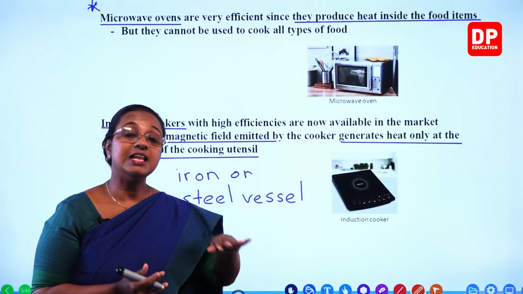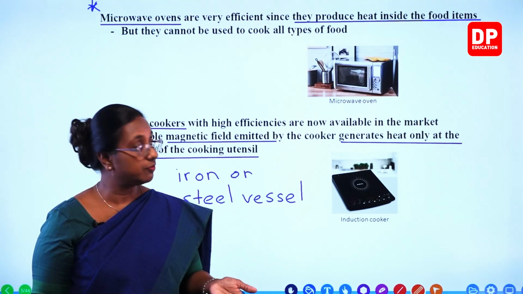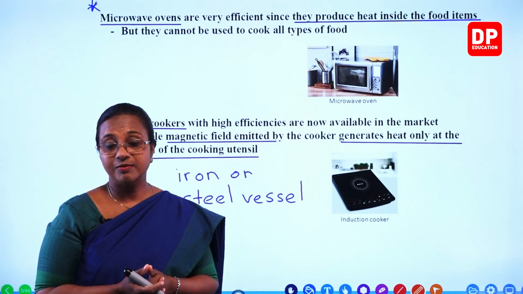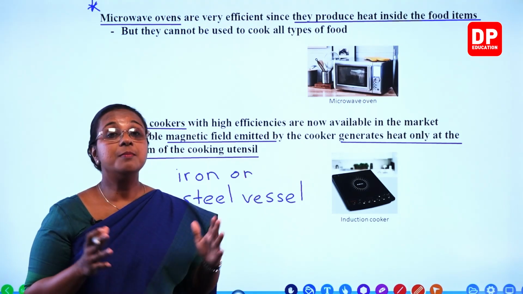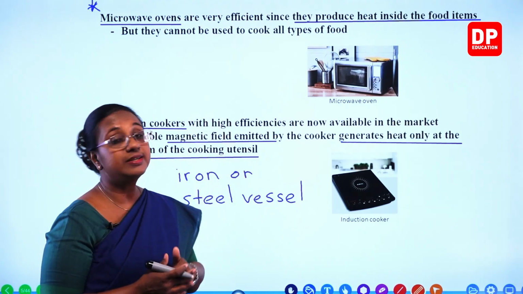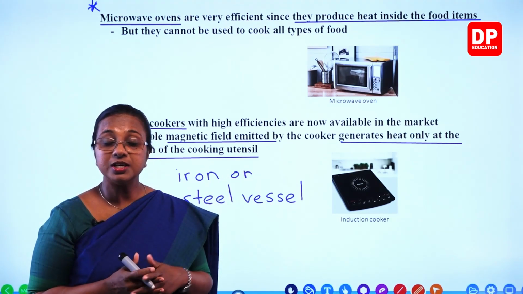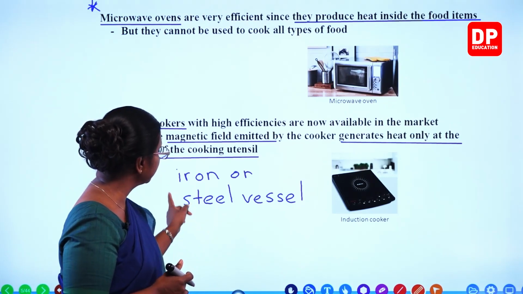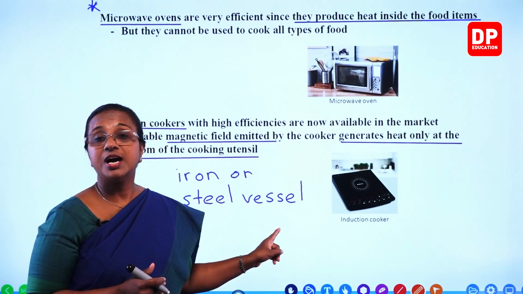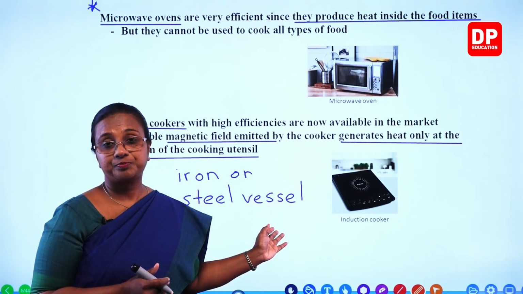But then again, there is a limitation. You cannot cook all types of food. Same as microwave oven. Microwave oven is also very useful, very efficient, but you cannot cook all types of food. But if you take an induction cooker, you can cook any type of food, but the problem is you cannot use all types of vessels. There is a limitation there.